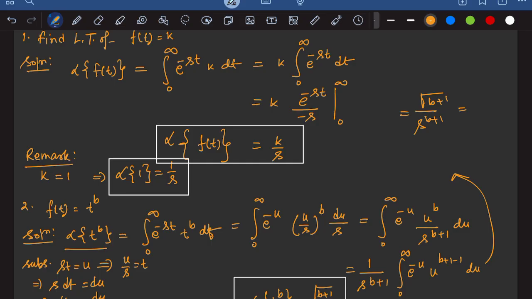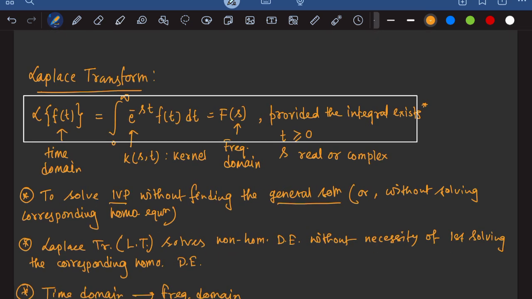Now, moving to the next slide, another function.